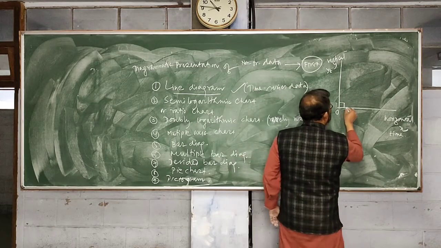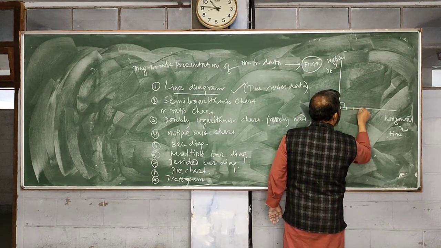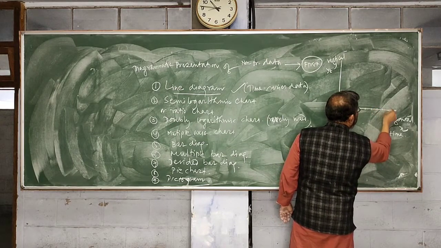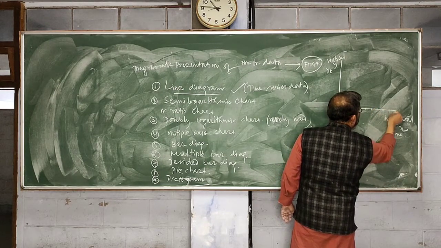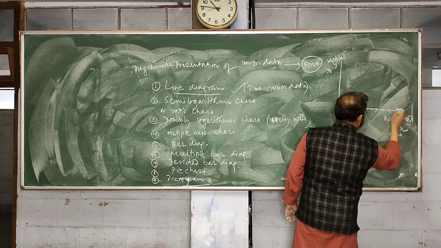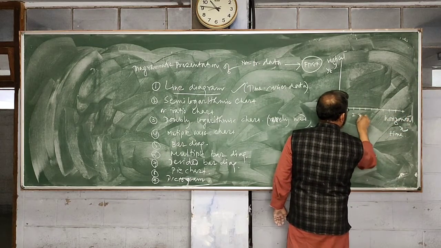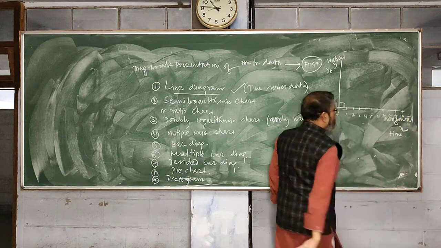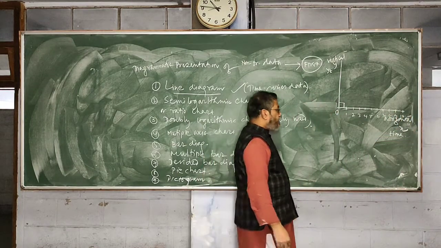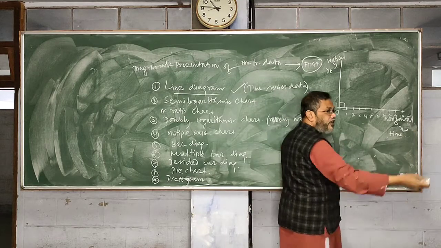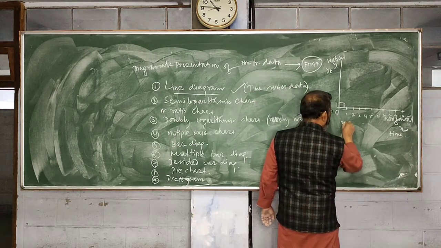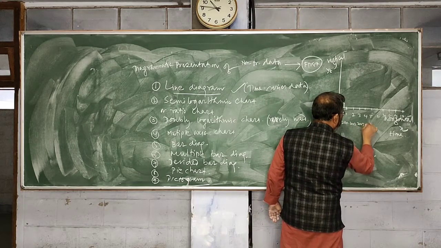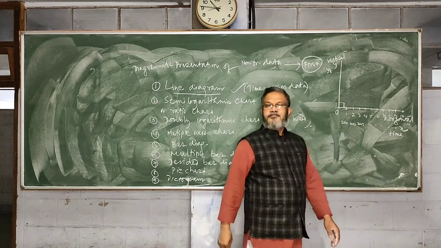Then generally 1, 2, 3, 4, 5, 6, 7, 8, 9 and 10 suppose. It may be different periods, maybe 71, 72, 73 or 2001, 2002, 2003 and so on.